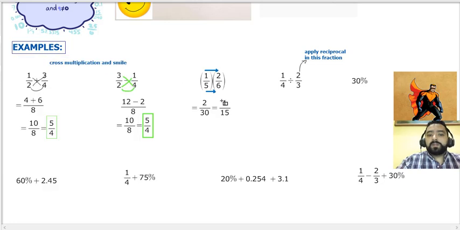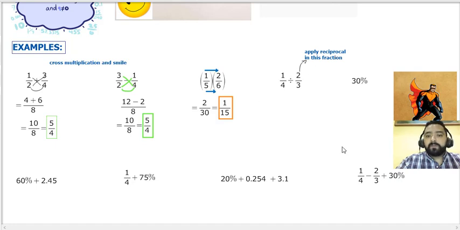Now we're going to divide fractions. Remember, for division of fractions, you have to use the reciprocal. We are going to apply the reciprocal to the second fraction in this case. So we are going to have 1 over 4 divided by 2 over 3. In this 2 over 3, you need to apply the reciprocal.